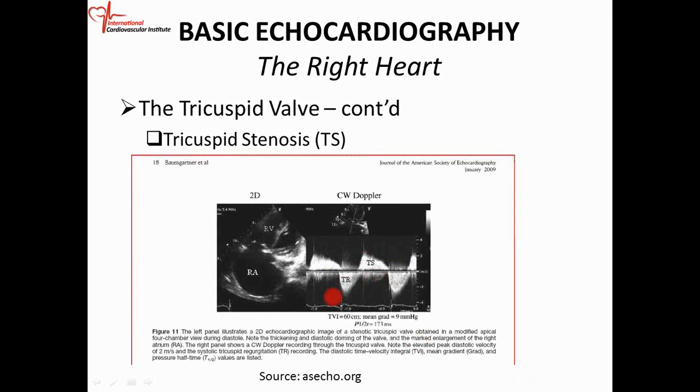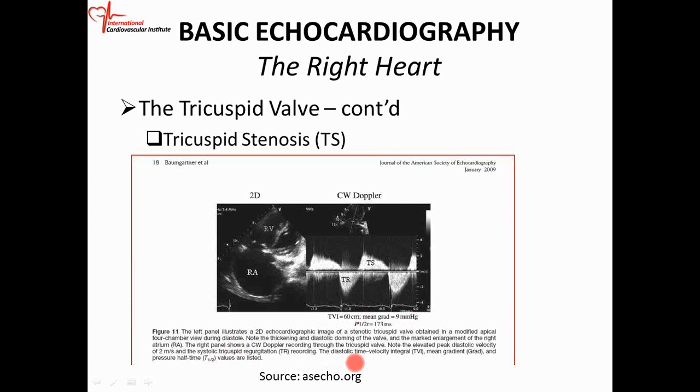Okay. All right. And the mean gradient here is 9. Okay. So we're going to look at the criteria to determine severity, but this is severe, okay? Because remember, the gradient and the pressures on the right side are much lower.